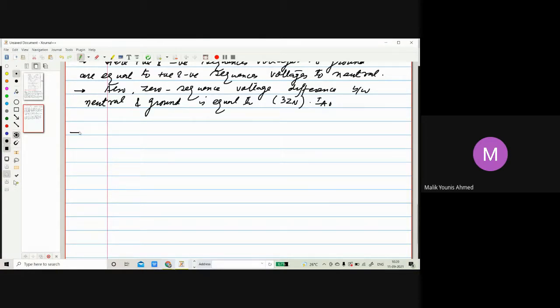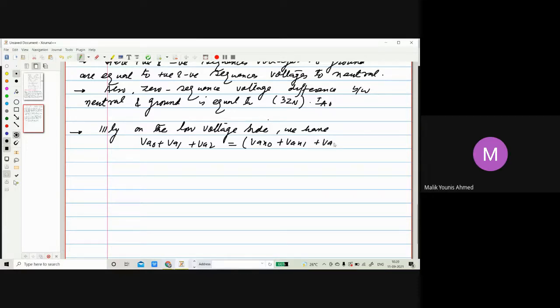So on similar grounds, similarly on the low voltage side we have VA naught plus VA1 plus VA2 is equal to VAN naught plus VAN1 plus VAN2 minus 3Z Ia naught.